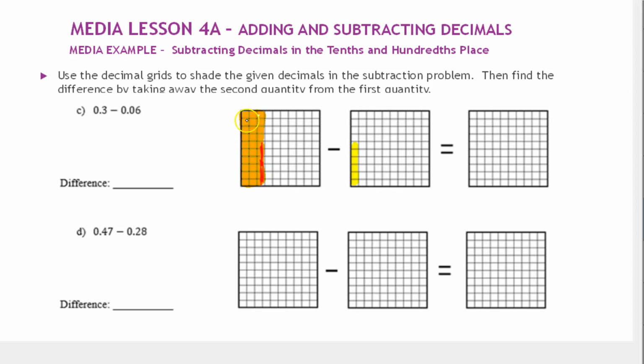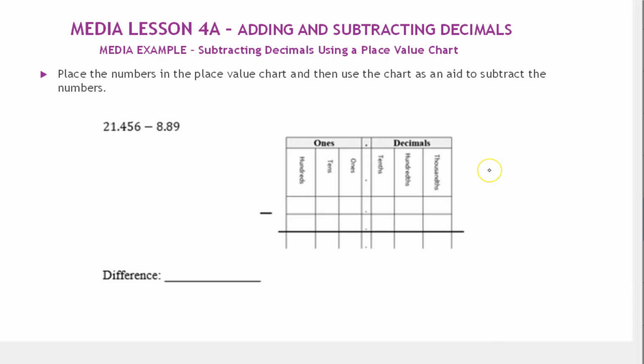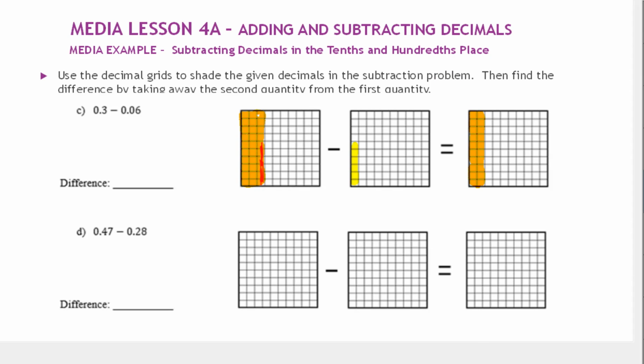And now let's see what remains. We still have 2 full orange strips, and I'm going to draw them in orange. And in this last column we have 1, 2, 3, 4. They're orange now, but I'm going to draw them as yellow because they are really hundredths now, since we don't have a whole column.